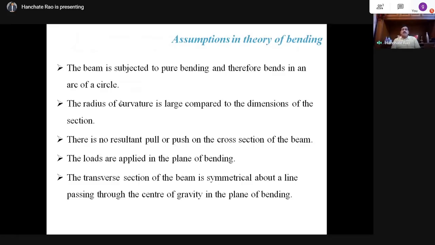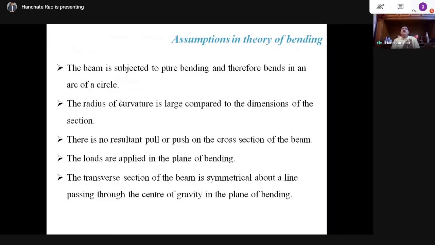There is no resultant pull or push on the cross section of the beam. So the beam cross sections are not subjected to any pull or push. So it is subjected to pure bending. The loads are applied in the plane of bending only.